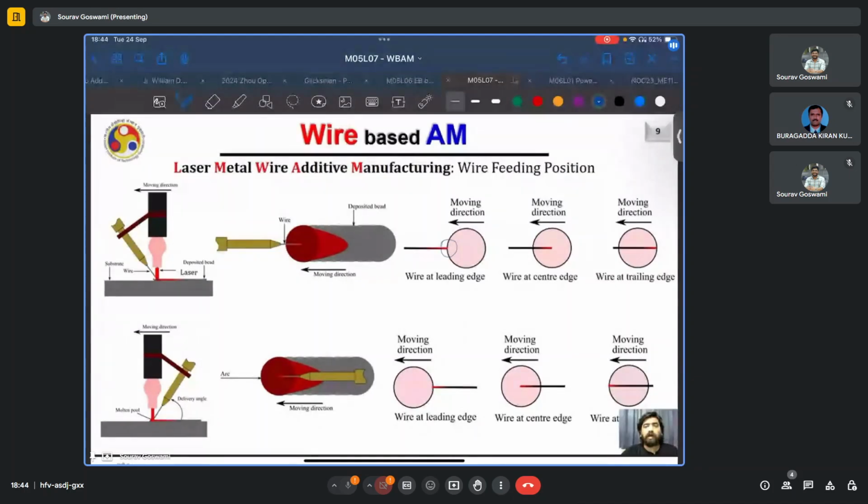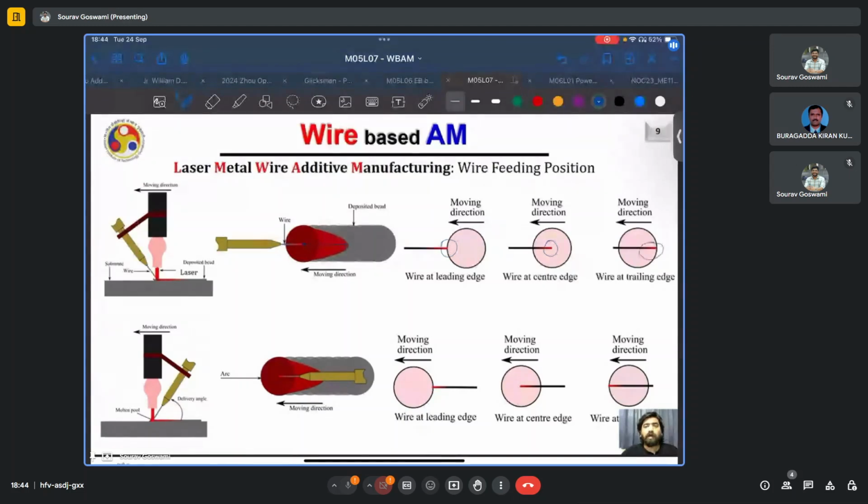It can melt near the center of the melt pool and get deposited here, or it may be fed in such a fashion, such as for instance at high speeds, that to accumulate the amount of energy required for melting, it takes a time by which it has already traveled to the trailing edge. As we know, based on the direction of travel, the melt pool is not really symmetric. It has this long tail and a short head.